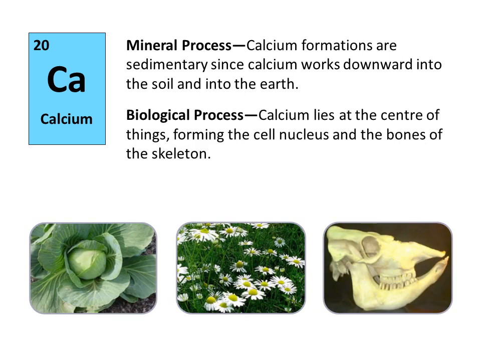In terms of its biological processes, it lies at the center of things like our skeletons. So here we've got the cell nucleus of a cell is where the calcium ends up. The silica ends up in the cell wall. So the calcium is related to the protein, the DNA, in the nucleus of the cell, and the silica is related to the cell walls, where most cells form polysaccharides.